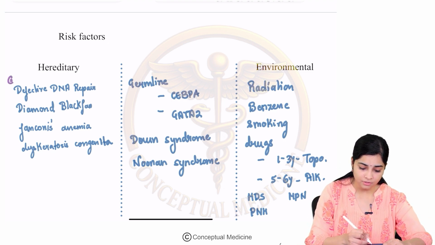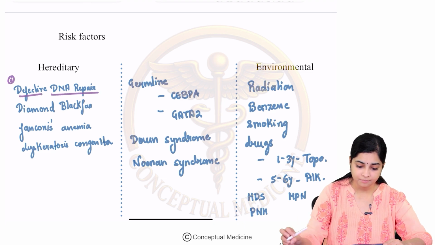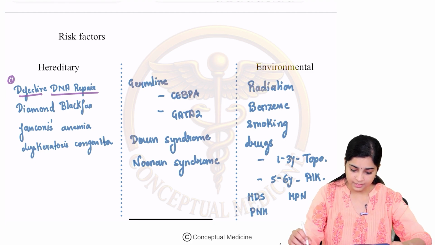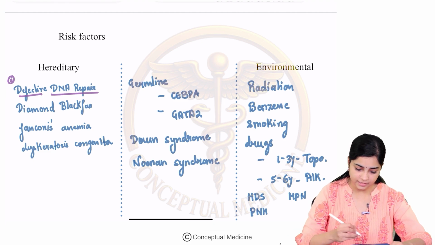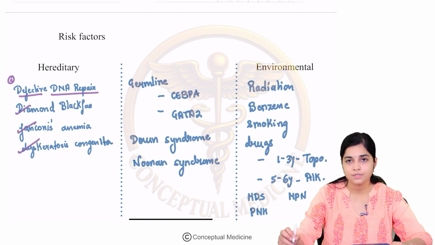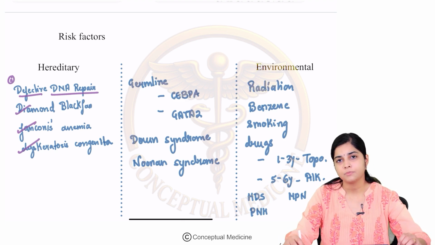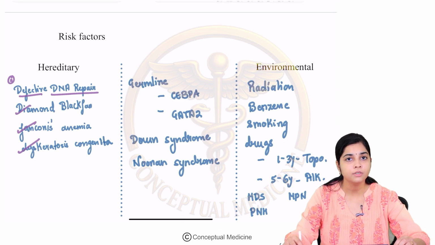This can be because of defective DNA repair mechanisms. Then it can be because of syndromes like Diamond-Blackfan syndrome, Fanconi's anemia, and dyskeratosis congenita. These are some of the inherited syndromes which have an increased predisposition to AML.